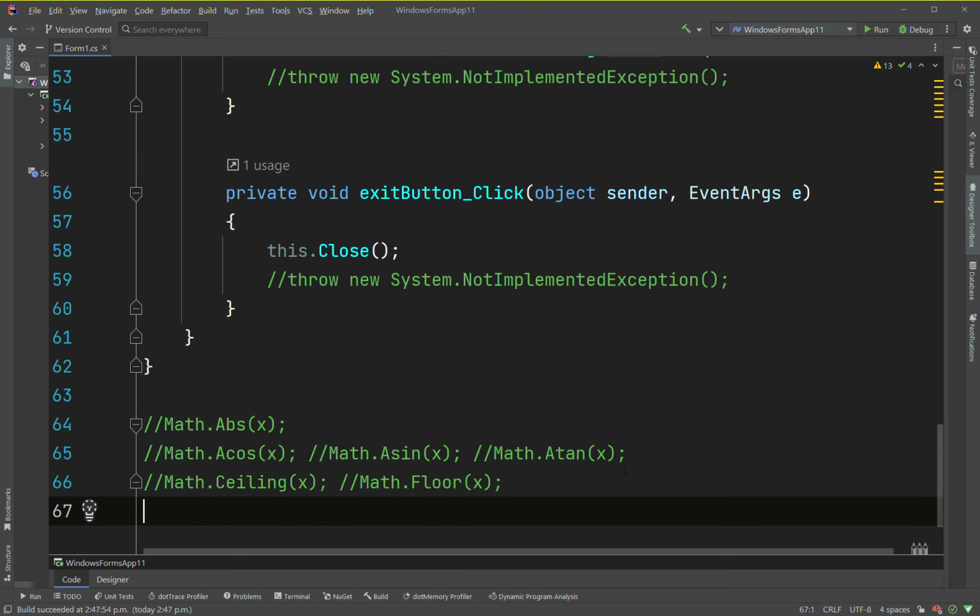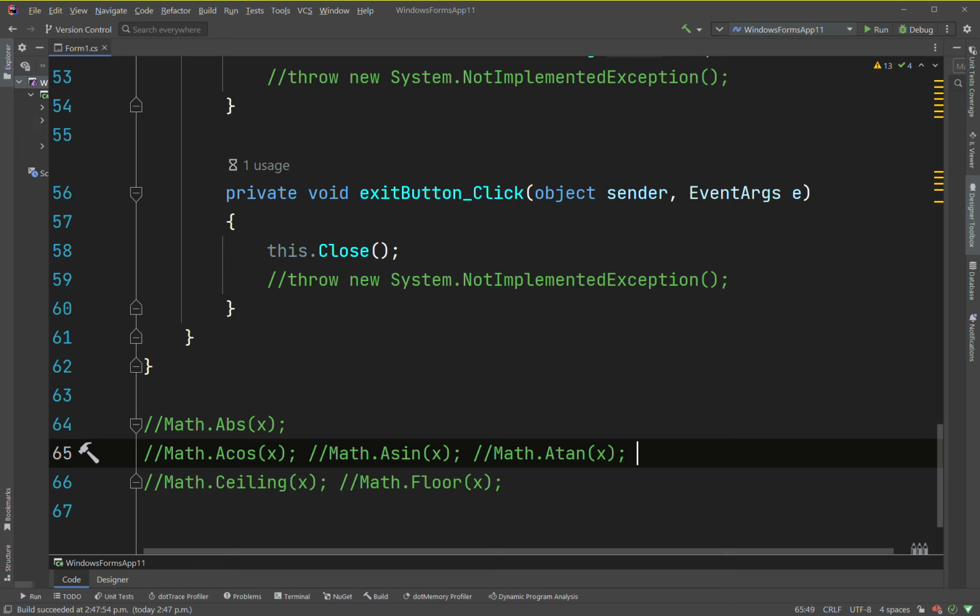So once you know these three groups, pretty much this has another three of them, which is Math.Cos. Takes parameter x. They all take parameter x.